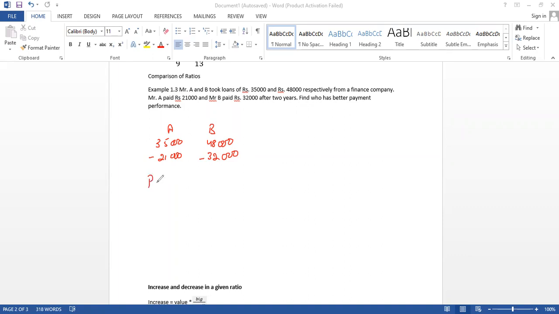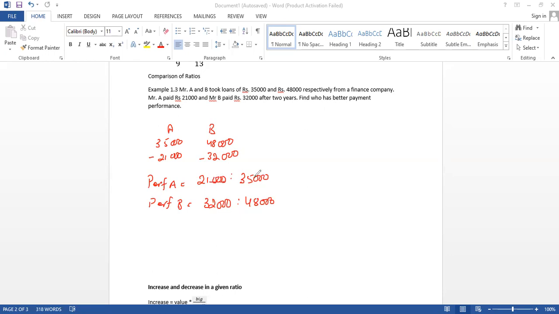So if we look at the performance of A, the ratio that has been paid is 21,000 and the total amount that had to be paid is 35,000. We always keep the total in the denominator. Similarly, if we look at the performance of B, B has paid 32,000 and the total amount was 48,000. Now we will simplify it first.